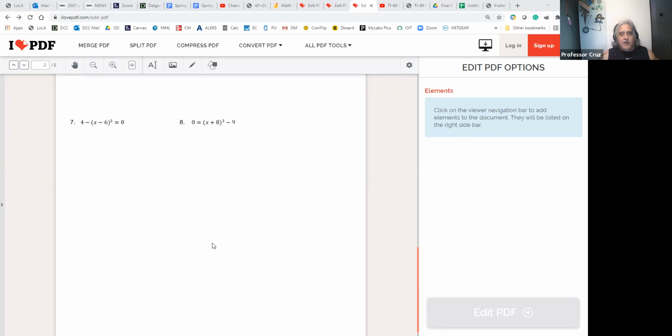The main thing we're going to do in 11.1 and 11.2 is look at alternative ways to solve quadratics, because sometimes quadratics are not factorable, but they still have solutions. So let's get started.